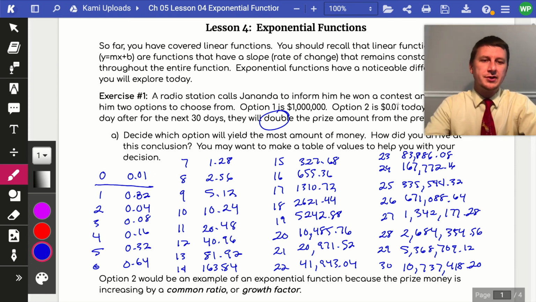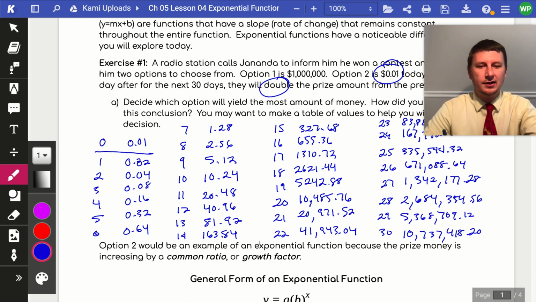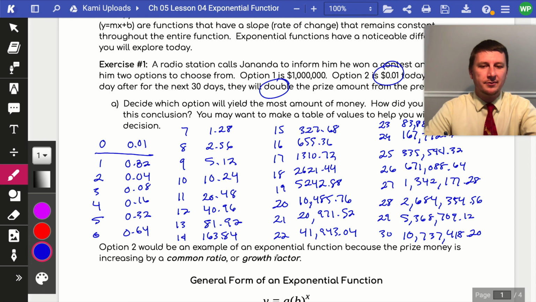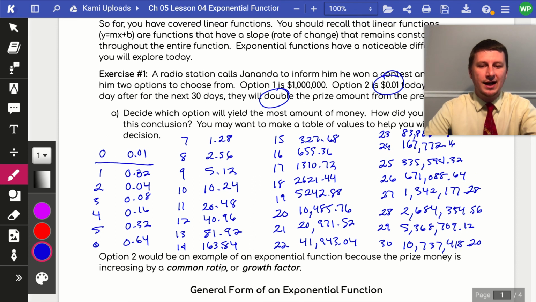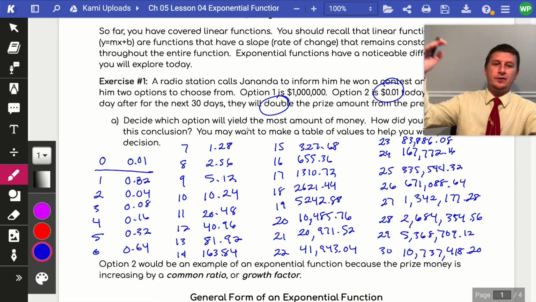So although option 2 starts off small at 1 penny, option 2 is going to be an example of an exponential function because the prize money is increasing by a common ratio or a growth factor. And exponential functions grow a lot faster than a linear function, which is just a set amount over and over.